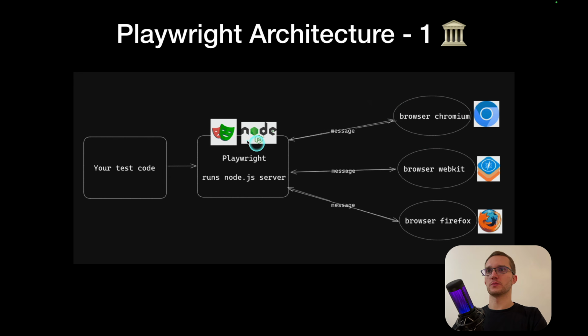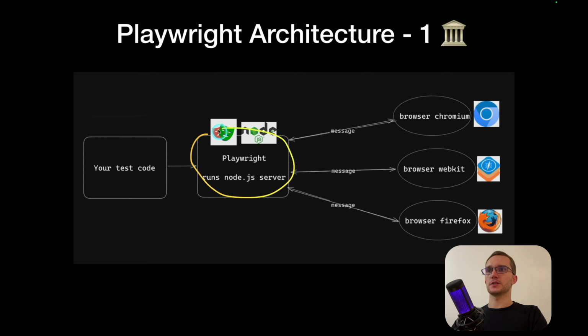All right, so Playwright starts a Node.js server, which reads your code. Then Playwright starts browsers, and then what happens? Then this Node.js server managed by Playwright establishes a connection with the browser and sends messages and receives messages. So let's say in the code you have something like go to this page.